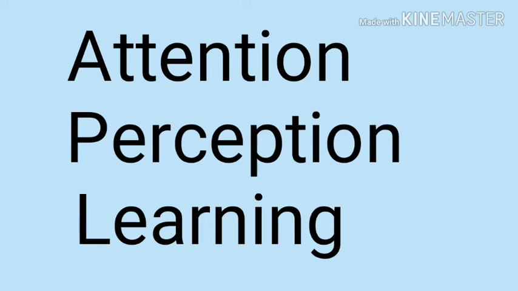If you see learning, there are also factors which play a major role in learning things, and there are laws of learning also, and these laws are of 2 types. One is the major laws and the other one is the minor laws. And one more important topic which is asked in learning is transfer of learning.